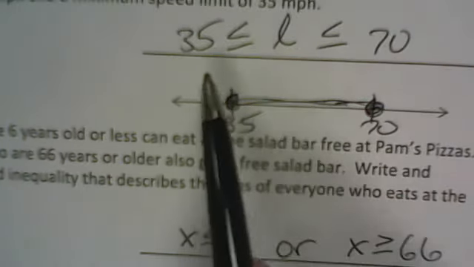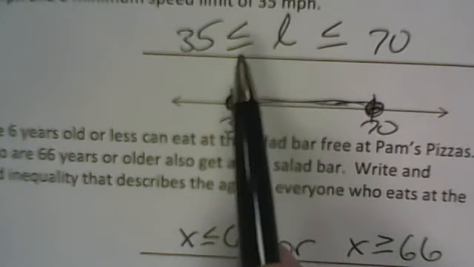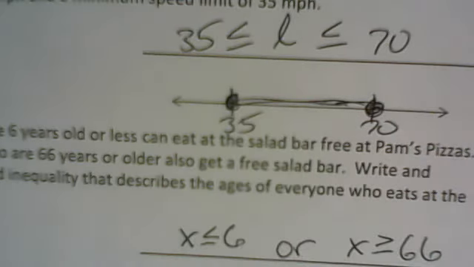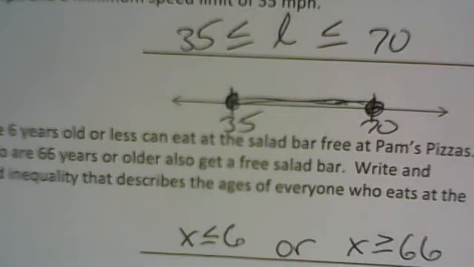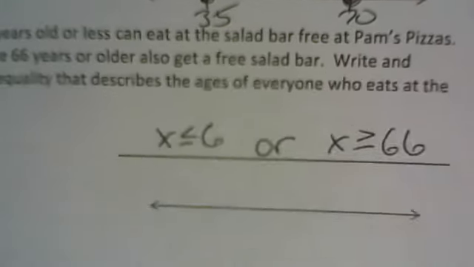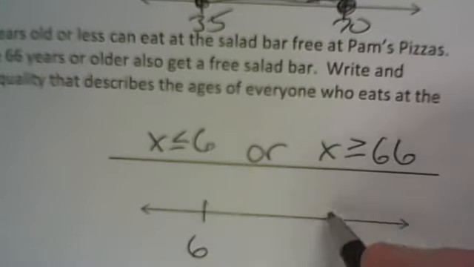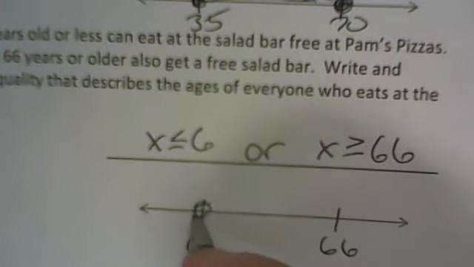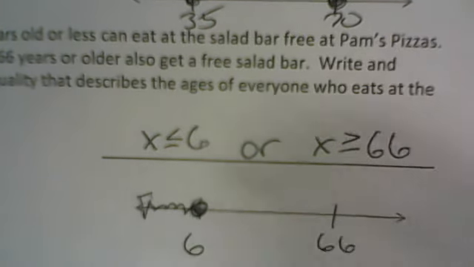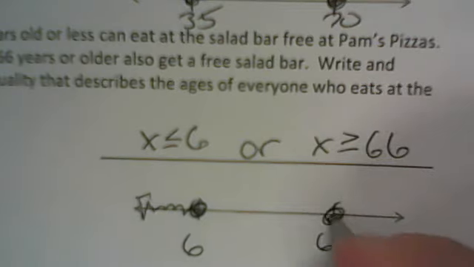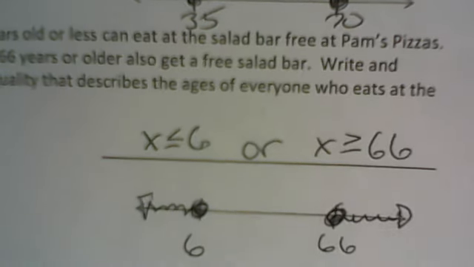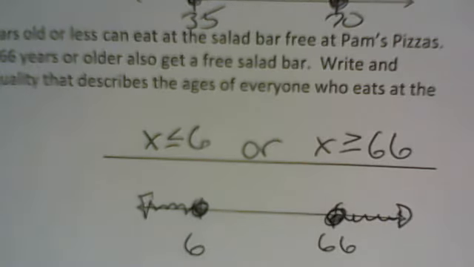You cannot write it like this because it would mean that you would have to be less than 6 and you would have to be greater than 66, which is impossible. So we would graph this like this. You could be 6 or less, or you could be 66 or more to get the free salad bar.